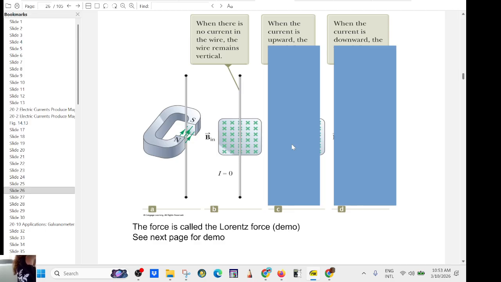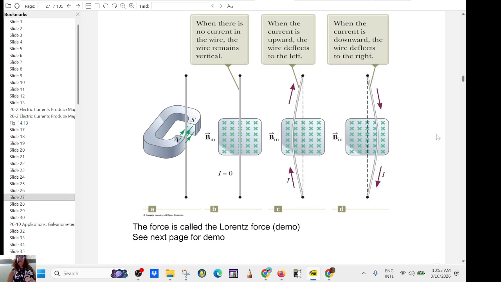So current is up, magnetic field is into the board. Where is the force? Right. So when you see a cross, it means into the board, because it's like an arrow and you are seeing the tail.